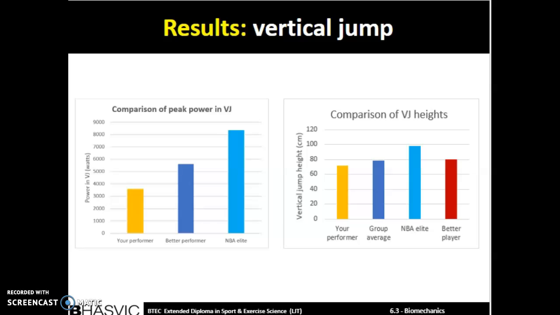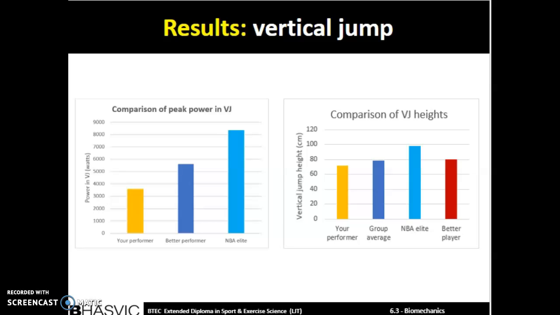So my performer is the lowest, below group average, and the better player, which needs to improve, and therefore this could be because of their power, as their power is a lot lower than the other. The better performer is more likely going to get a higher vertical jump, as they can get a bigger reaction force off the ground.